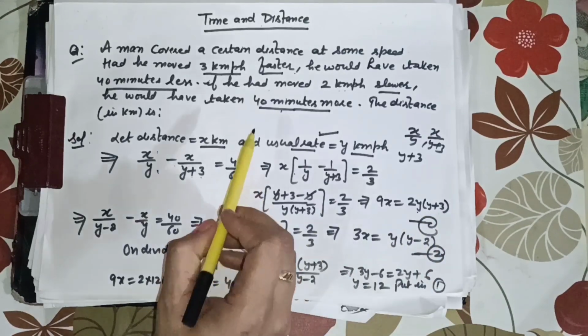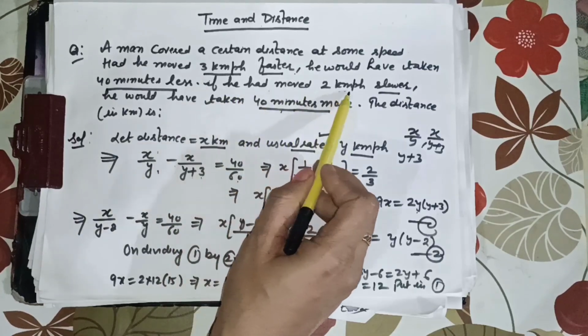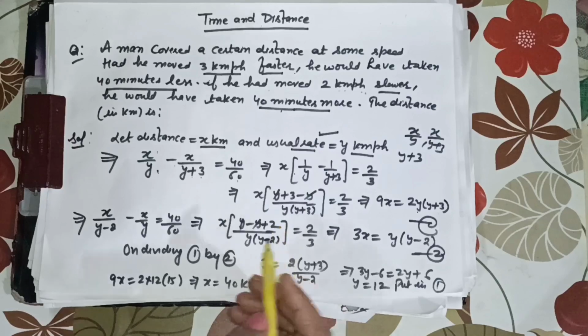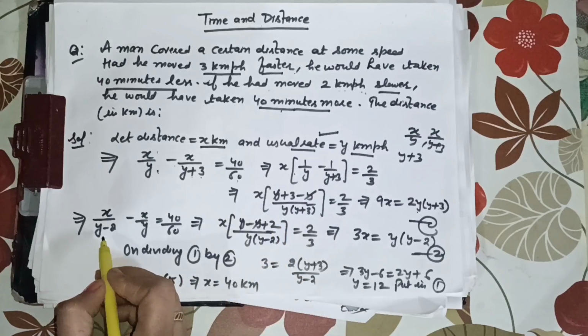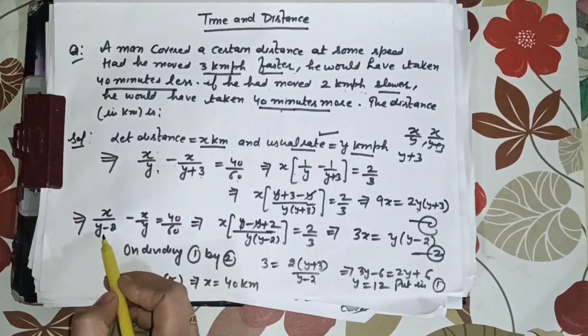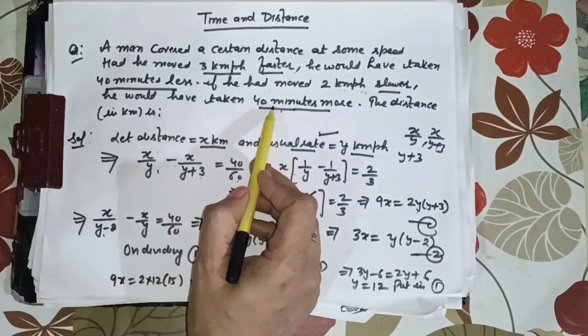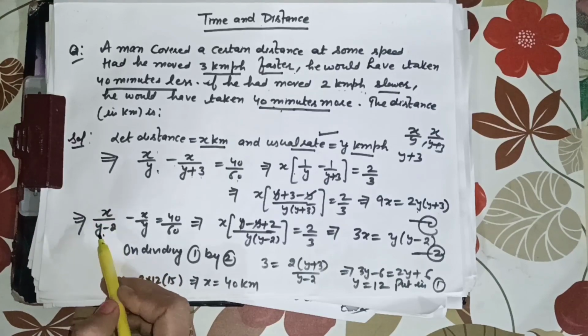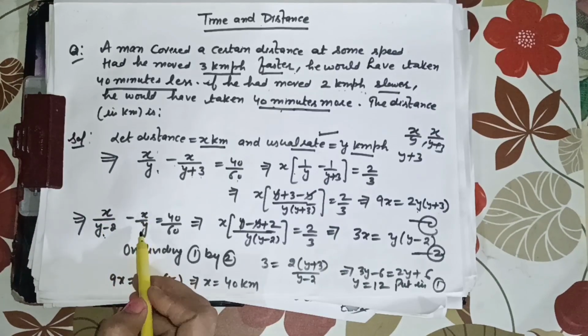Now, another statement: if he had moved 2 kilometers per hour slower. The normal speed is y, slower means y minus 2. So the time again takes 40 minutes more. The formula of time is distance over speed.